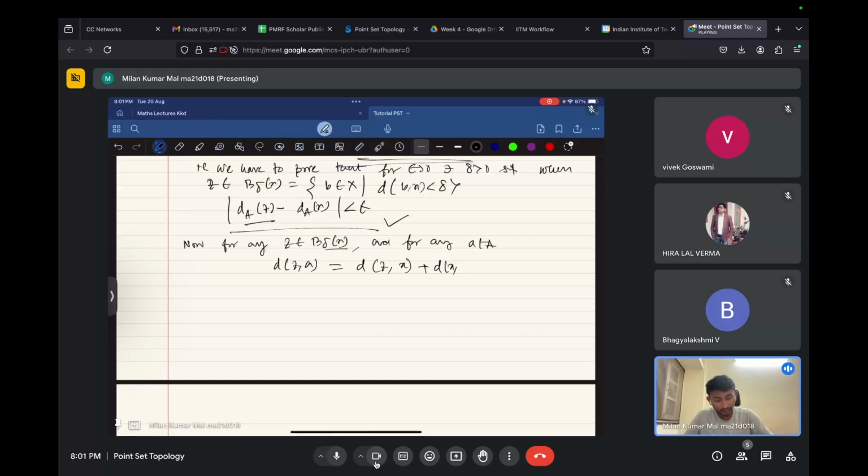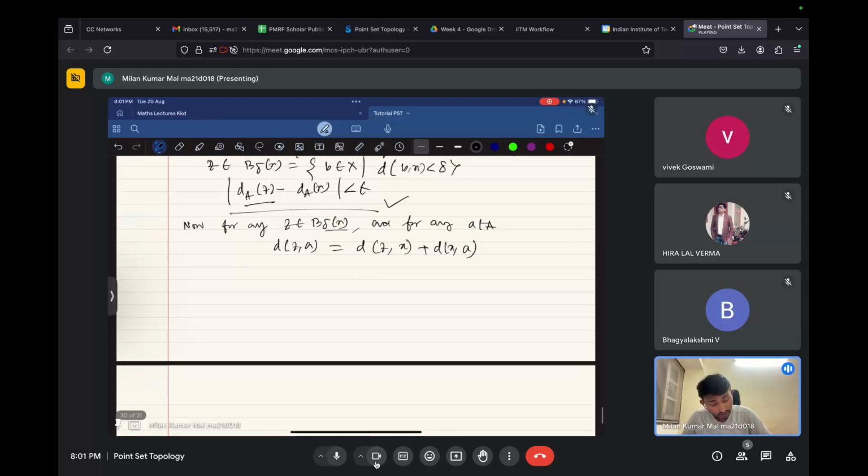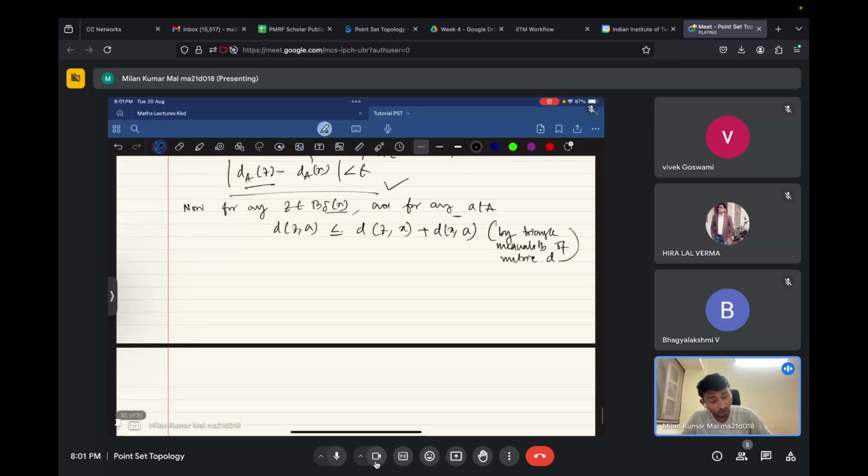I'm writing correctly. This is less than or equal to, by triangle inequality of metric d. Every metric must satisfy the triangle inequality. So this is the triangle inequality, and this is true for every a belongs to A.